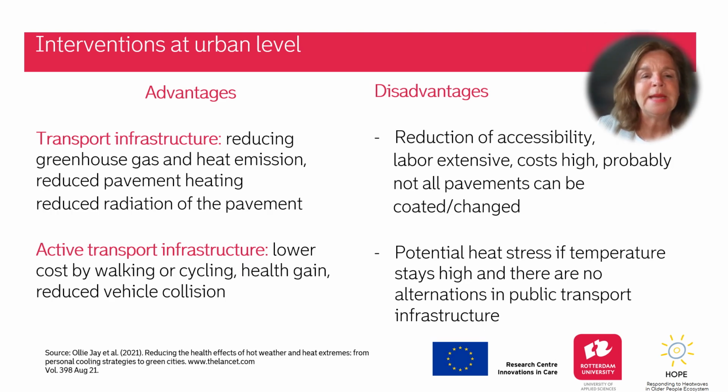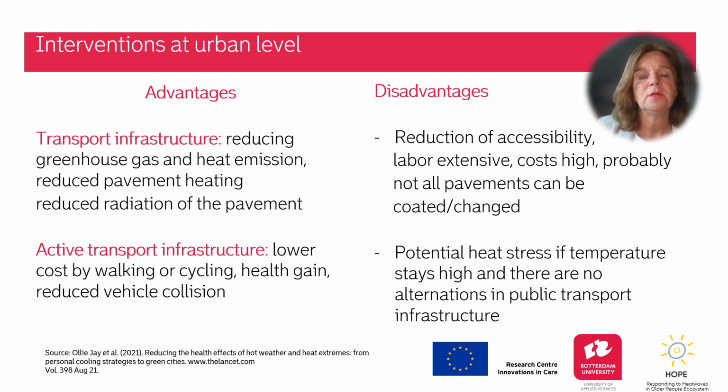Now we have the following intervention, which is transport infrastructure, changing roads, but also the pavement of the roads. By doing that, we hope to reduce greenhouse gas and heat emission, to reduce pavement heating, and to reduce radiation of the pavement.